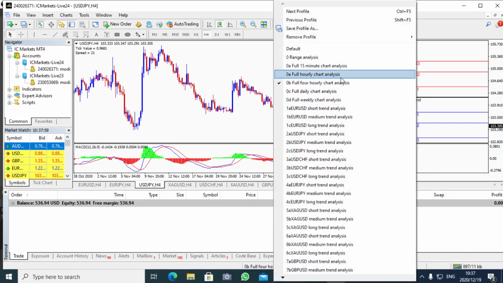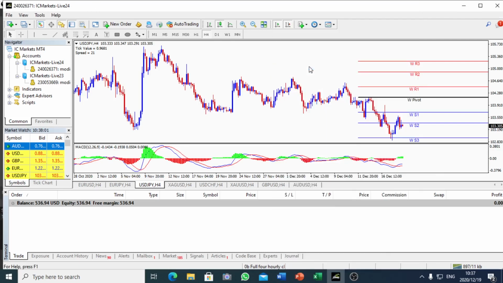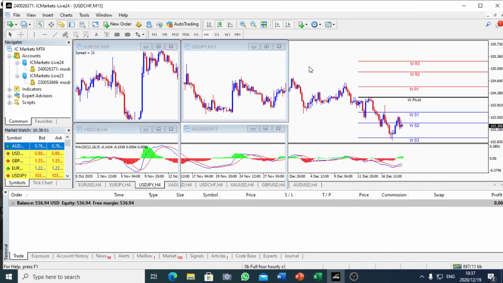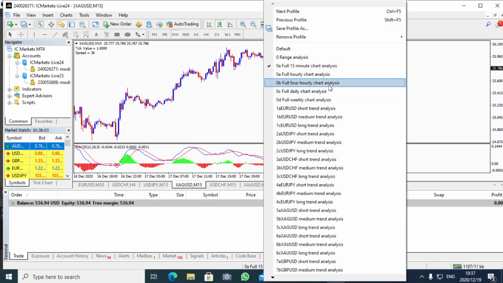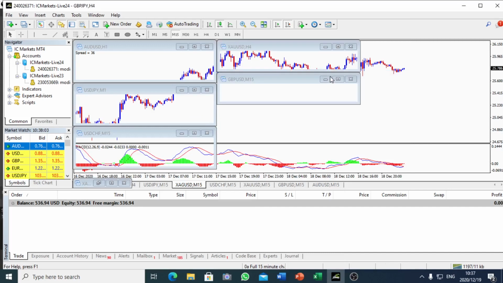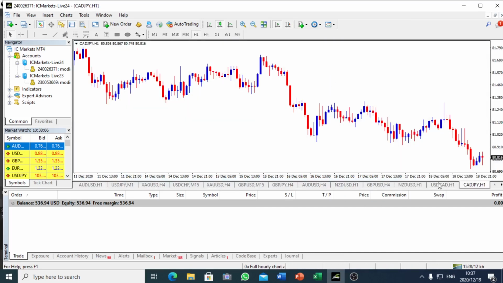Let's go back to our old profile. What was our profile before? Okay, this one, the hourly one. As you can see, as we load and save as a profile, all the pairs will come out. And what other area?